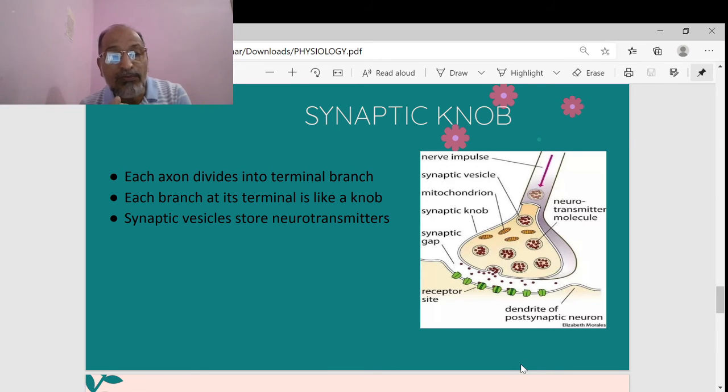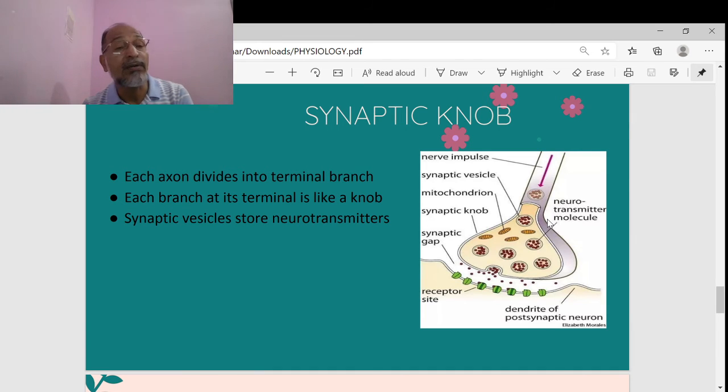It contains a lot of vesicles within it, called the synaptic vesicles, and these synaptic vesicles contain neurotransmitter, and they are responsible for making the impulse continue.